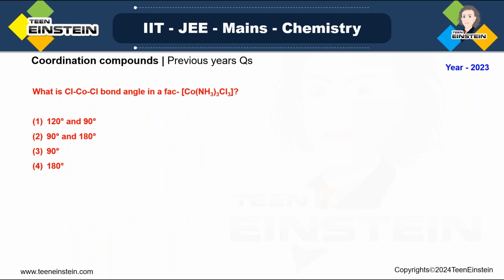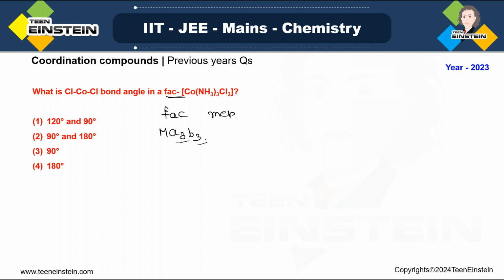Next question is, what is the chlorine-cobalt-chlorine bond angle in a fac isomer? Now fac and mer, these two isomers occur together, that is, they are a pair of isomers. And this type of isomerism we observe in metal complexes of type Ma3B3.